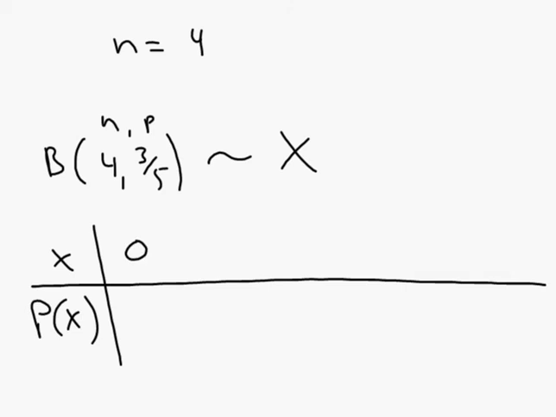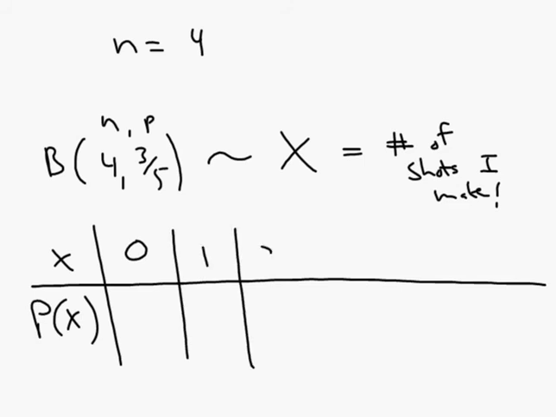So X equals the number of shots I make. I'm defining a success to be getting the ball in. I could get 1 of those shots in, I can get 2 of them in, 3 of them in, or all 4.